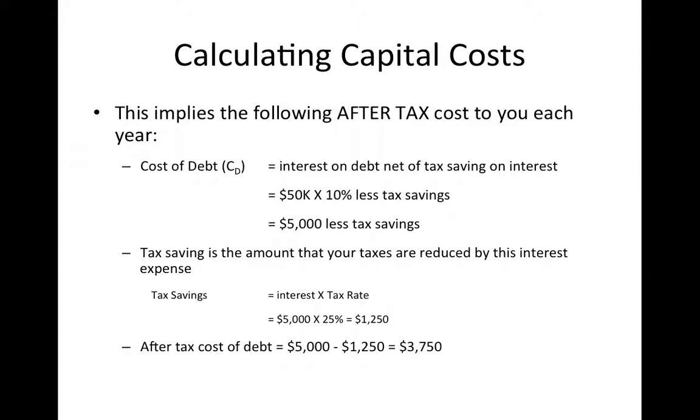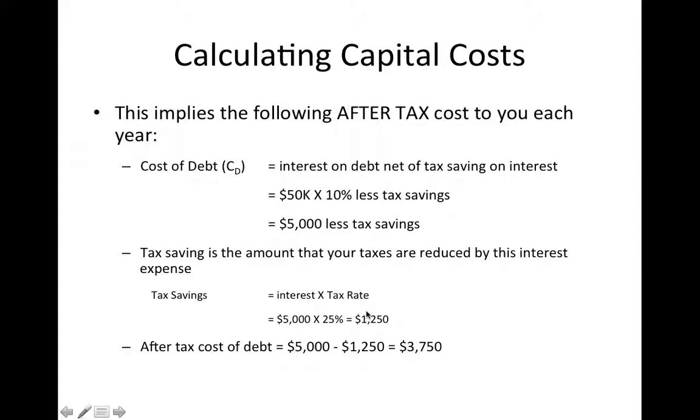And to do that, we have to basically say that there's a 25% tax rate, and that effectively our savings are therefore the 25% times $5,000, or $1,250.